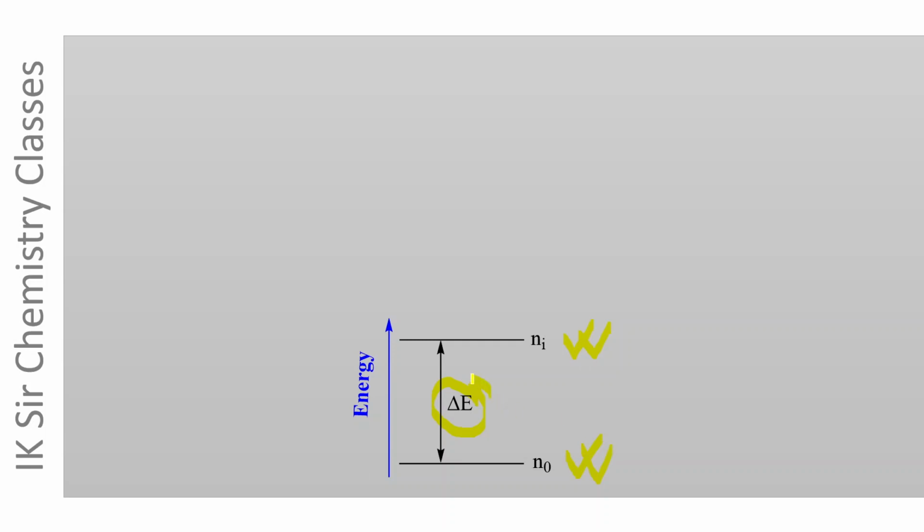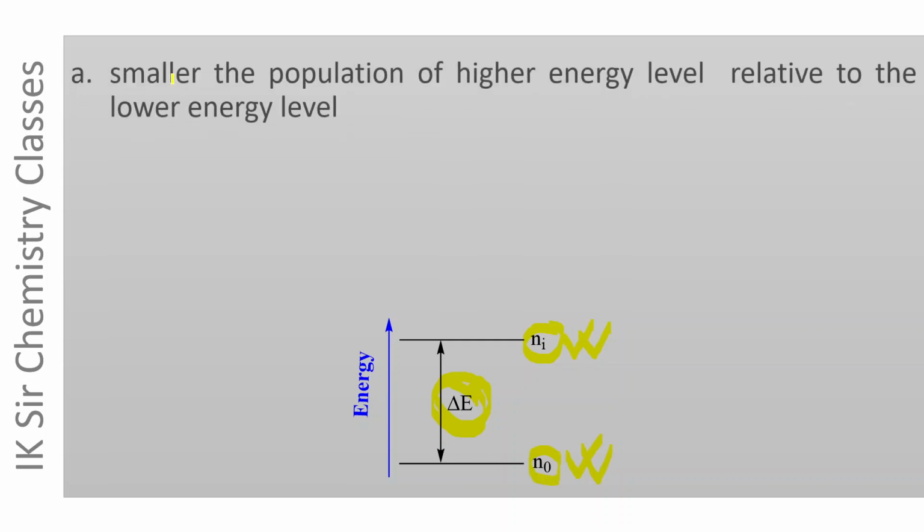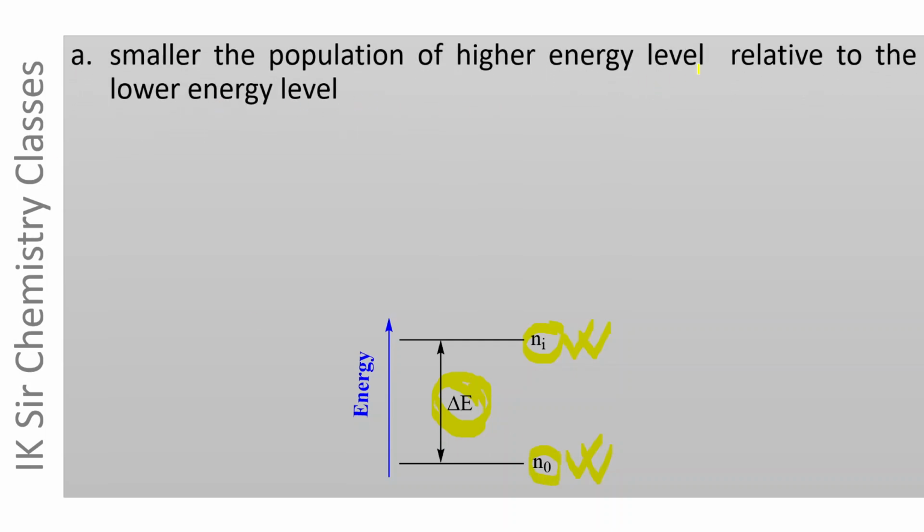If this energy difference is higher, the population of higher energy level relative to lower energy level will be smaller. Smaller the population of higher energy level relative to lower energy level, as the energy difference between two energy levels increases.